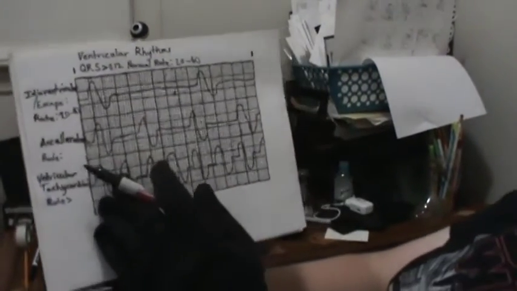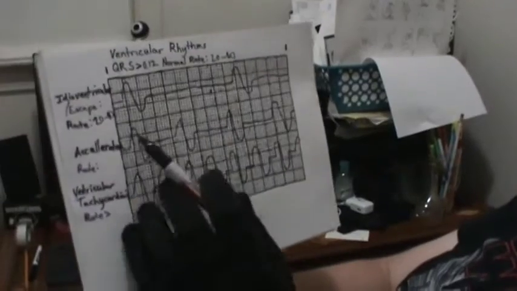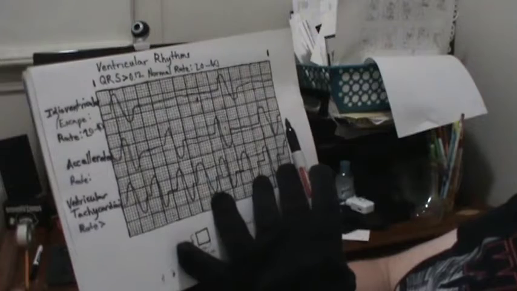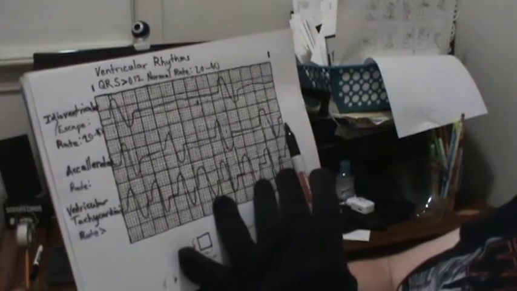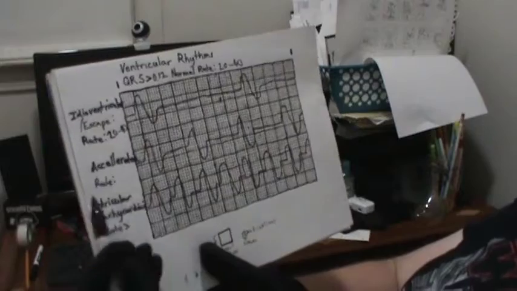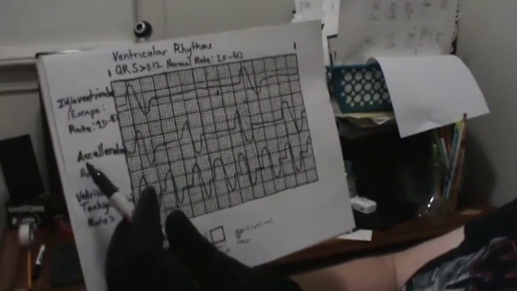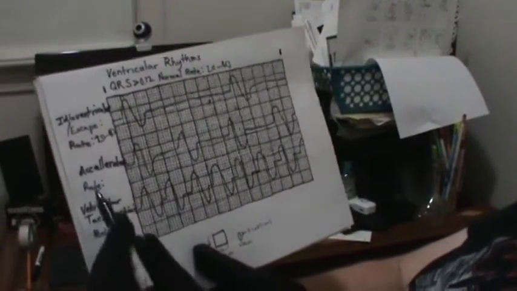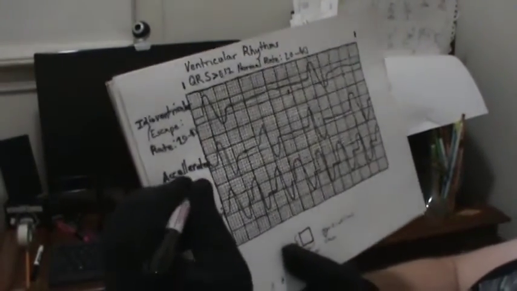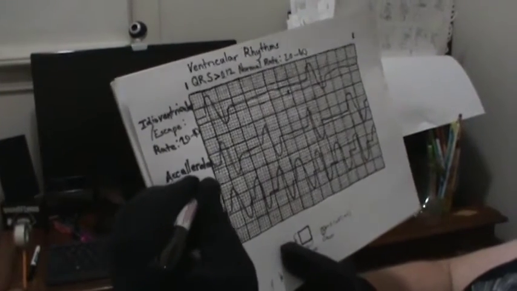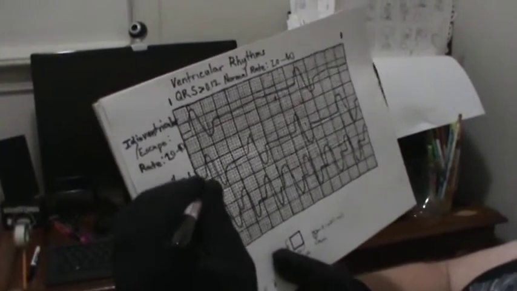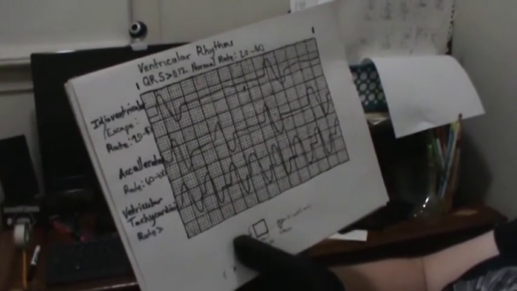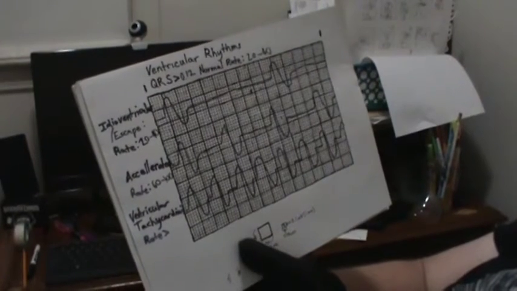Now, if you'll notice, this next row, you'll see that it is also a ventricular rhythm. And if we count 1, 2, 3, 4, 4 beats multiplied by 20, that would give us a rate of 80. So this would be classified as an accelerated ventricular rhythm. The rate for an accelerated ventricular rhythm is anywhere between 60 to 100 beats per minute, or what used to be the normal sinus range previously noted.